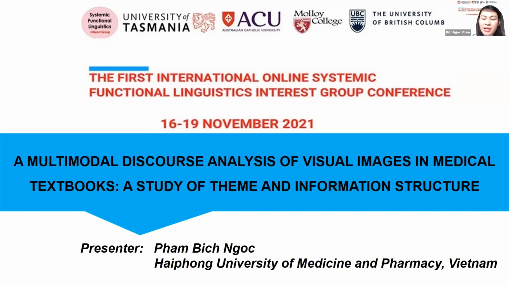I think that in my university, based on the medical pictures from the textbook, they can understand how the visual image is presented in the textbook. They also have a lot of difficulties finding the way to understand the meaning of the textbook.